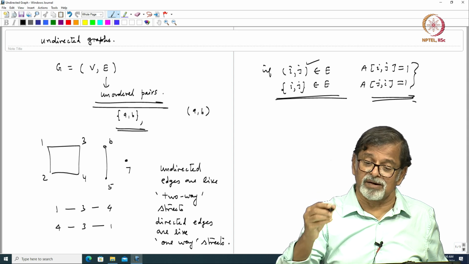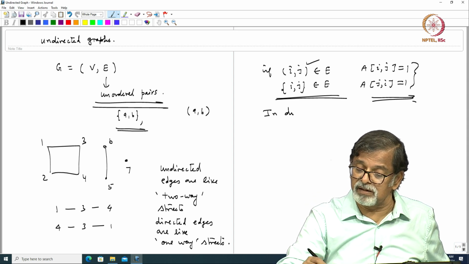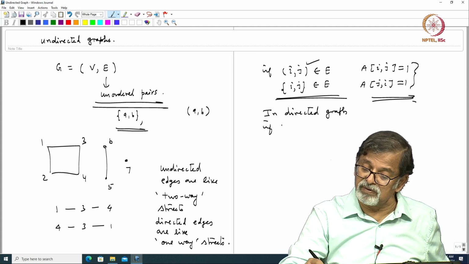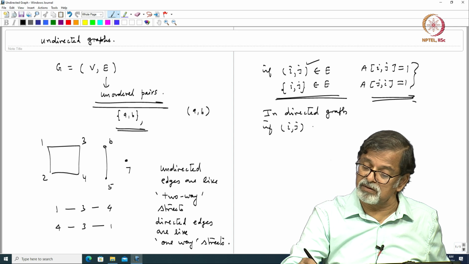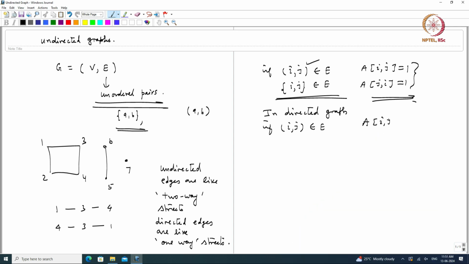In the directed graph, if ij belongs to E, only Aij is set to 1. You do not touch the other one. The Aji could be 1, could be 0, depending.